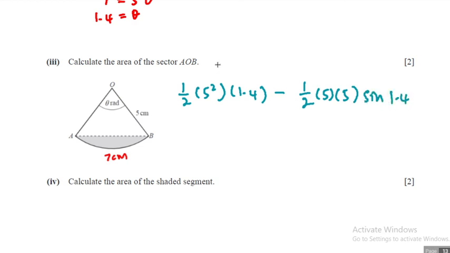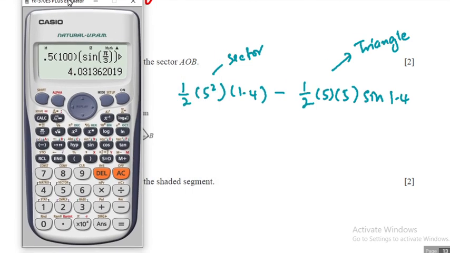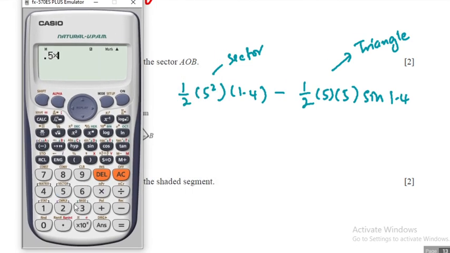So this is the sector, that is the triangle, minus. So half times 25 times 1.4, minus half times 25 times sine 1.4. Make sure you calculate it in radians. I repeat, so the answer is 5.18.